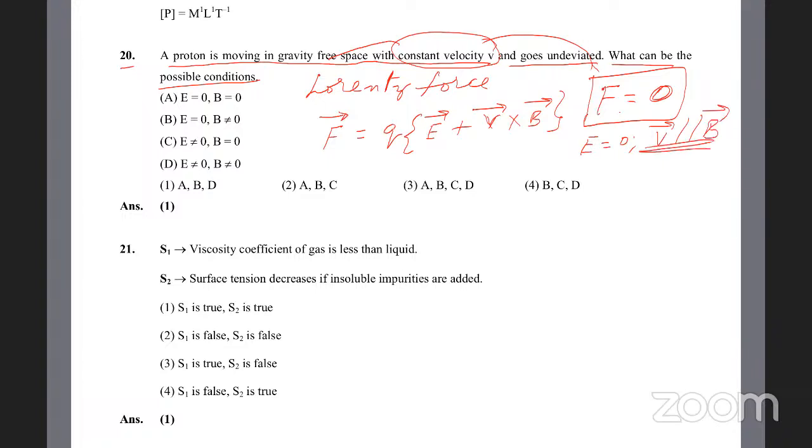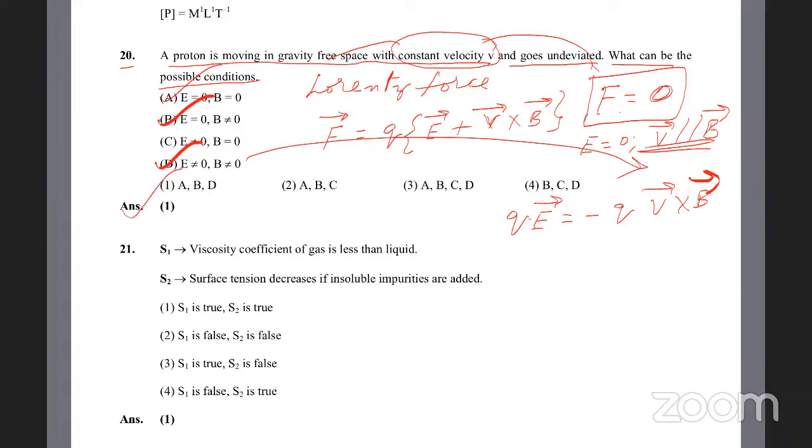So if you look at the options, A is correct, B is correct. When electric field is 0 but the charge is moving parallel to the magnetic field, force is 0. Even D also gives 0, when EQ is equal to minus Q into V cross B, then also it is possible. So the answer is 1.